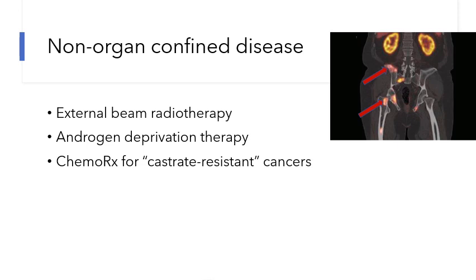Now we have anti-androgen drugs, and so this can slow the development of non-organ confined disease. But eventually the majority of these tumours become resistant to anti-androgen therapy, and so they become so-called castrate resistant cancer, and there are various chemotherapies available for these individuals.